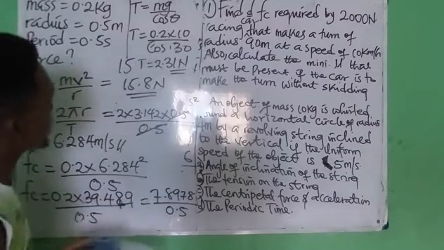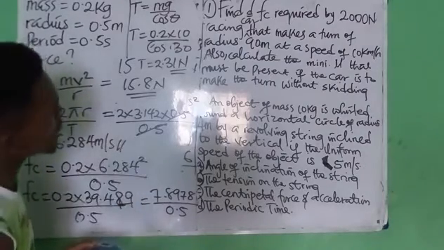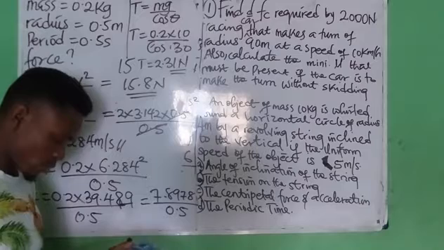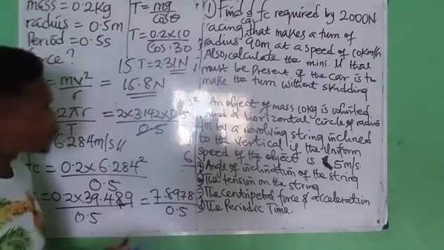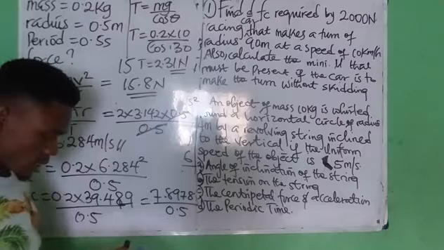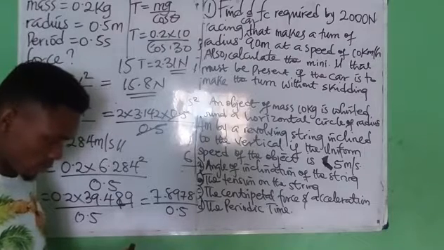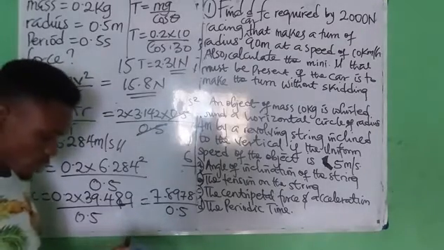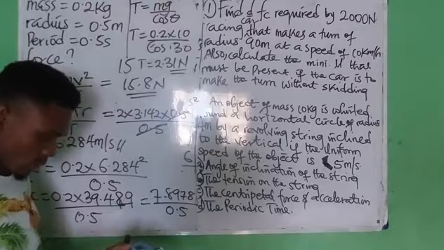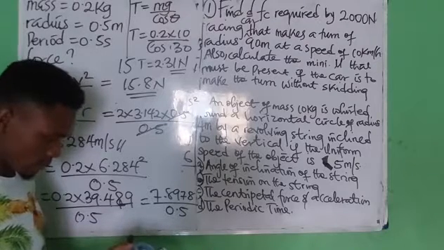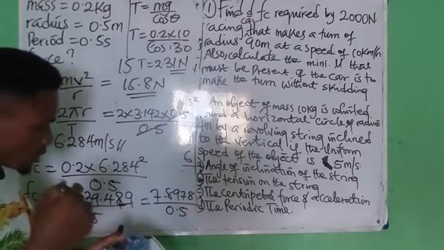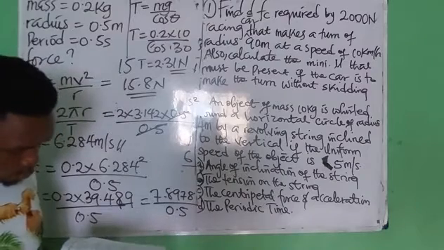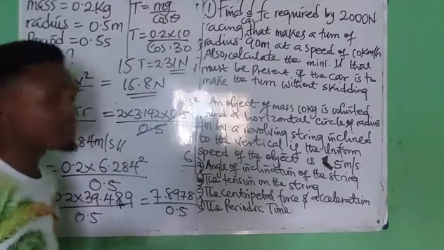Let me do it again. Mass is 0.2, 0.2 times 10 is 2, then cos 30 is 0.8660. 2 divided by 0.866 gives 2.33, and we got 2.326. So it is very correct.